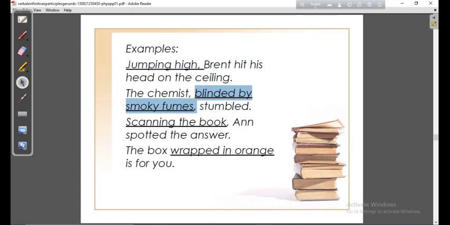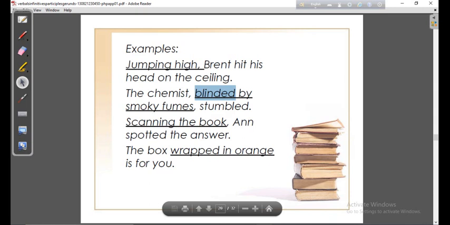The blinded, that means he has been blinded by smoky fumes, stumbled. So chemist is the subject here, and stumbled is the main verb, and blinded is the first participle, and it has modified the noun for the subject, the chemist.